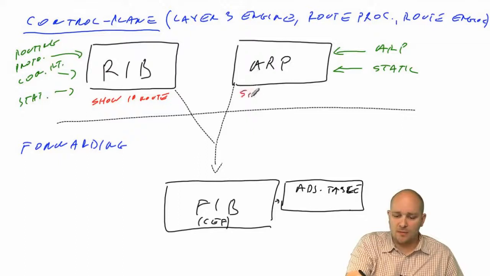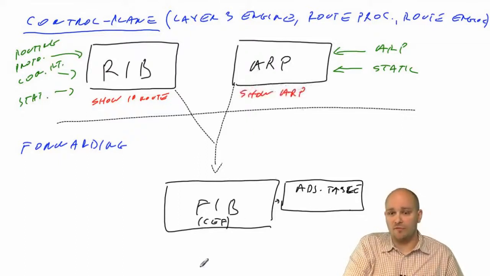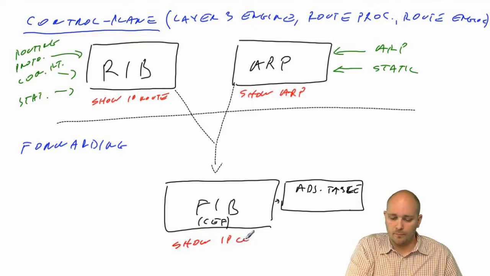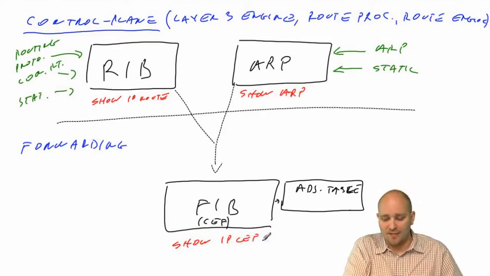So ARP obviously can be seen with show arp. And we can observe information in the forwarding information base, in the CEF table, with show ip cef. And there are some other commands here that we can use, and we can observe the information in the adjacency table using the command show adjacency.